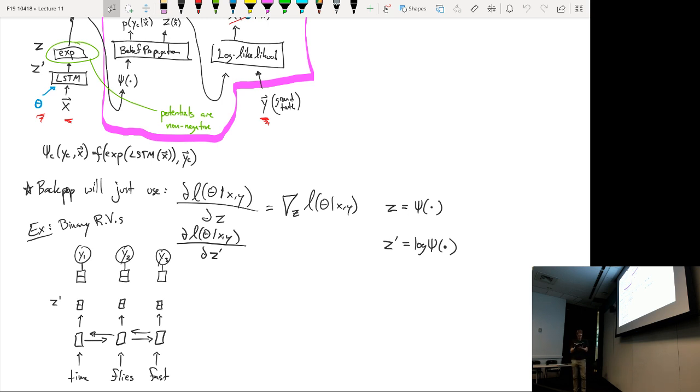So to get from z prime to what we're calling z, which are the actual values of the potential functions, we're going to apply x to the values of the output of the LSTM.